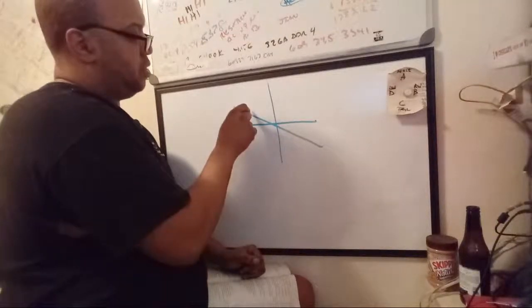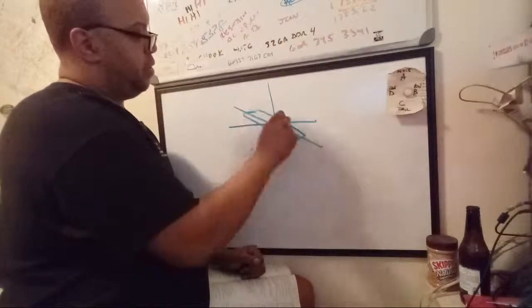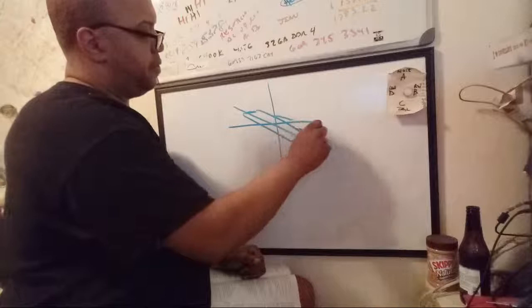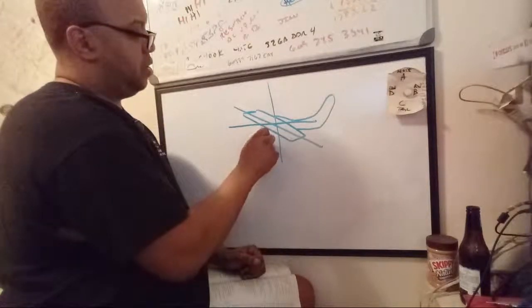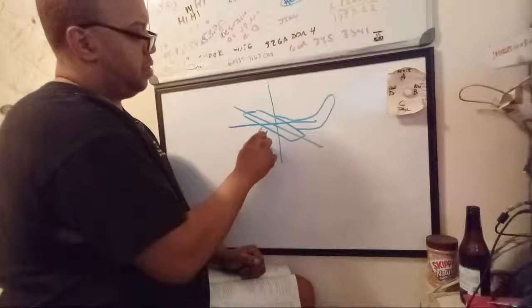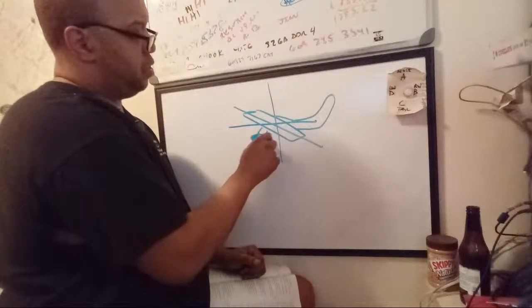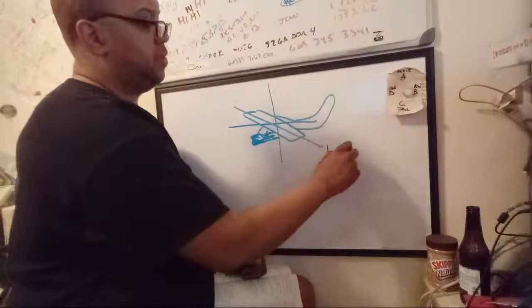All right, let's just say we had our airplane here. There's a tail. There's a nose. So we have our lateral axis.